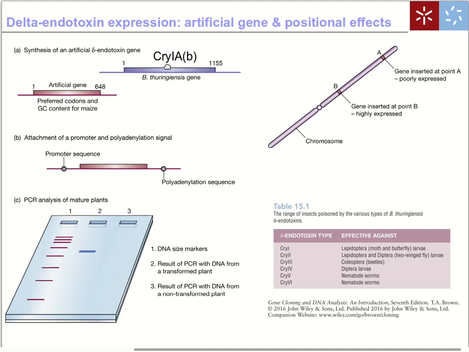The Bacillus thuringiensis Cry1Ab gene, encoding a quite large toxin of 1155 amino acids, was identified, and further analysis revealed that the toxin is actually only a part of the protein, the first part here. So rather than cutting the gene up in 2 pieces or using the whole gene, an artificial gene was designed for the first part of the protein.